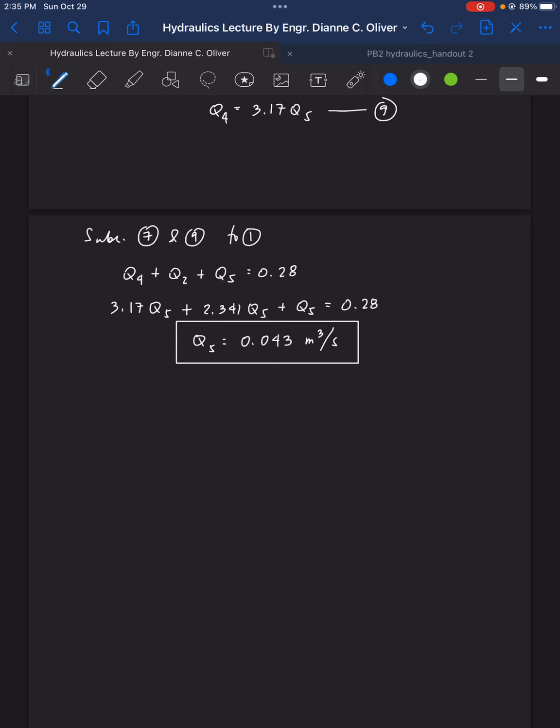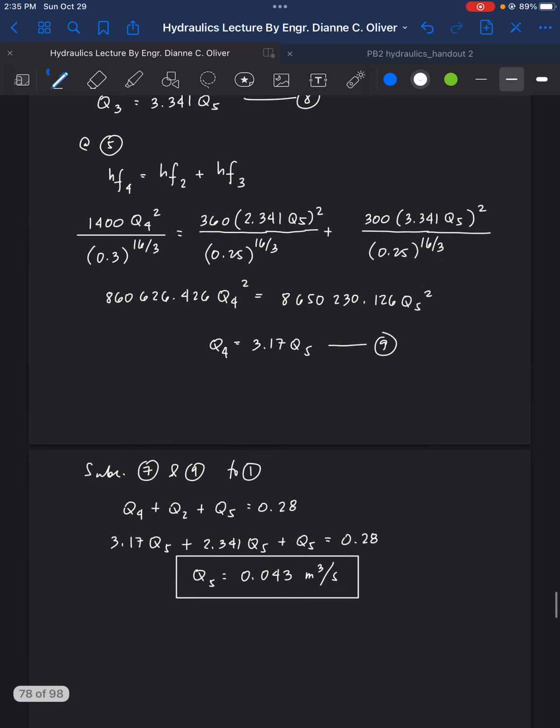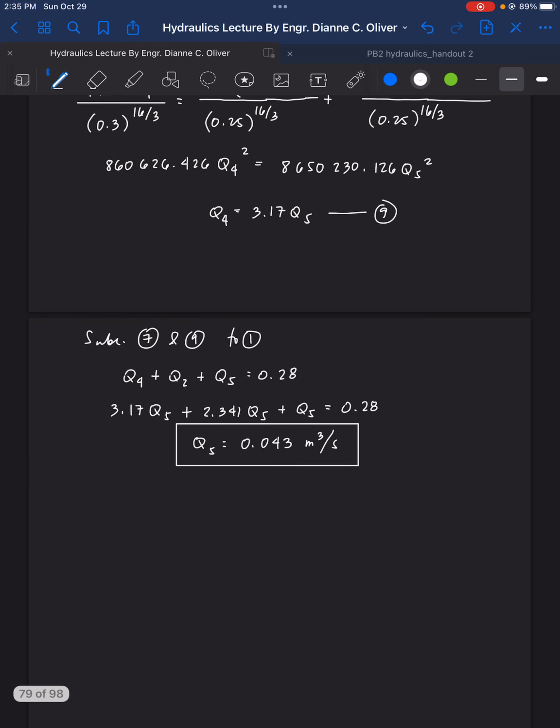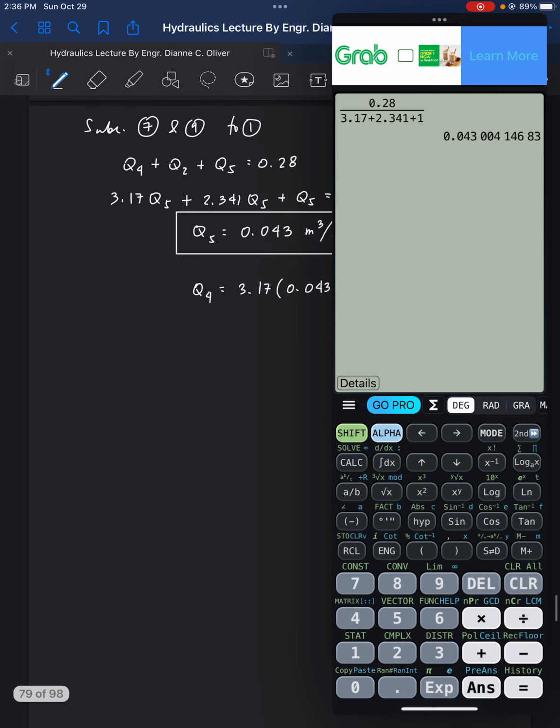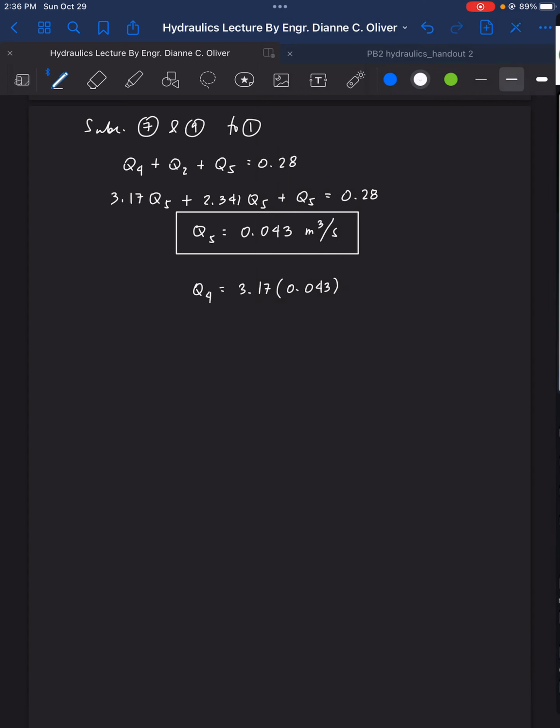So that's for Q5. Now we need the value for Q4. So Q4 is equal to 3.17 times 0.043, which is equal to 0.136. Q4 is equal to 0.136 cubic meter per second.